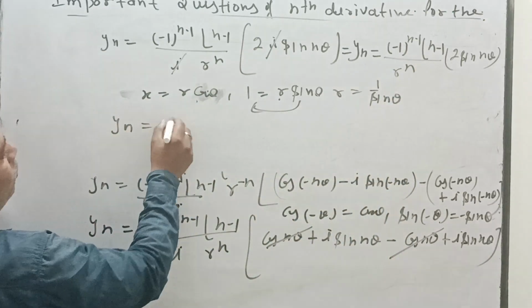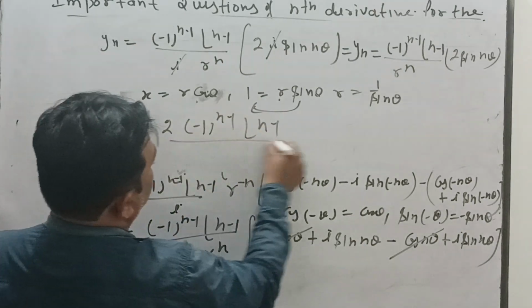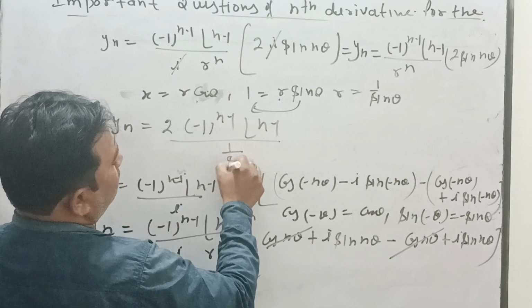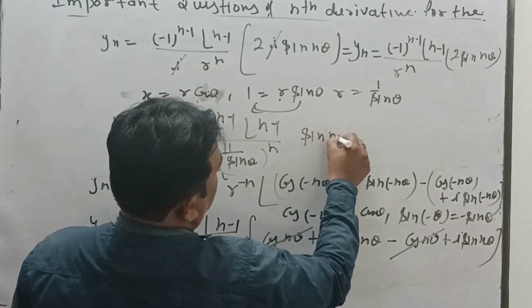Then y_n equals 2 (-1)^(n-1) (n-1)! upon (1 upon sin θ) whole power n, times sin(nθ).